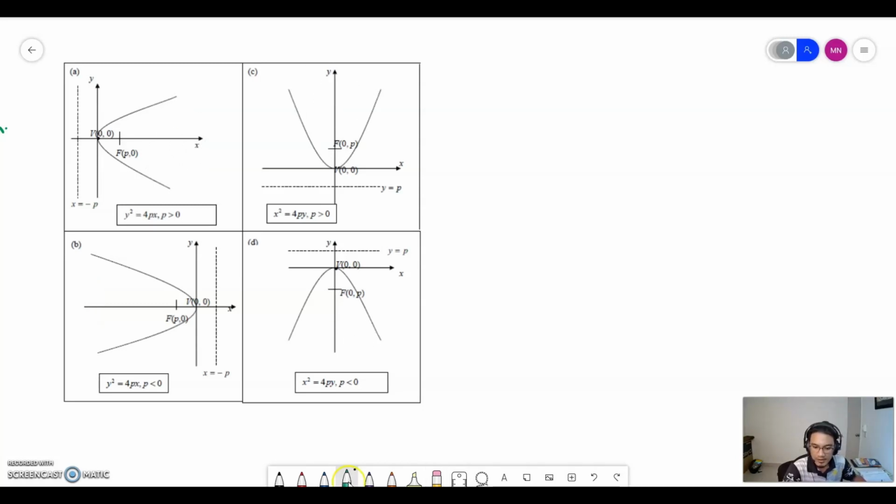Okay, for parabola A and B, we can see the equation is quite different from the parabola for C and D, where the equation is y squared equal to 4px, and for parabola C and D, the equation is x squared equal to 4py.